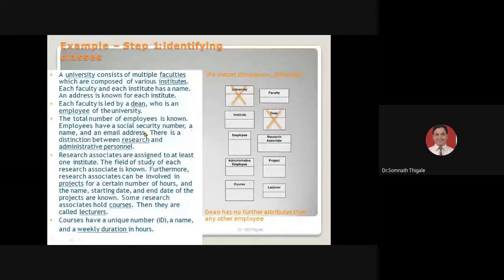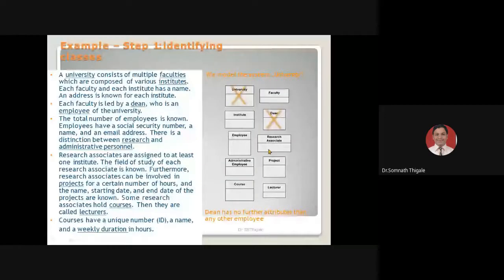The employee will have attributes like SSN, that is social security number, his or her name, email address, and there will be a distinction between the researcher and the administrative personnel. So we will have two separate classes over there, administrative and research.